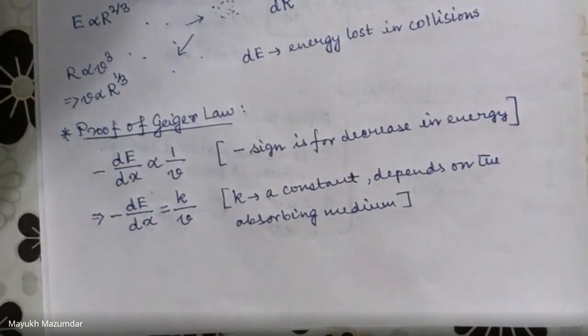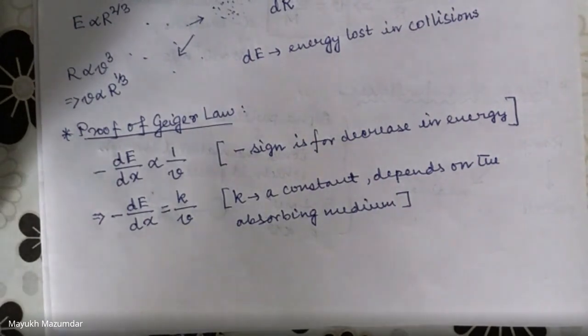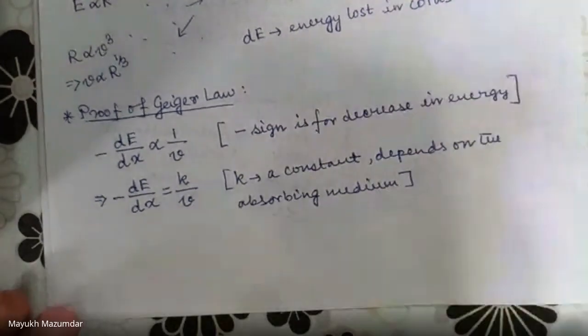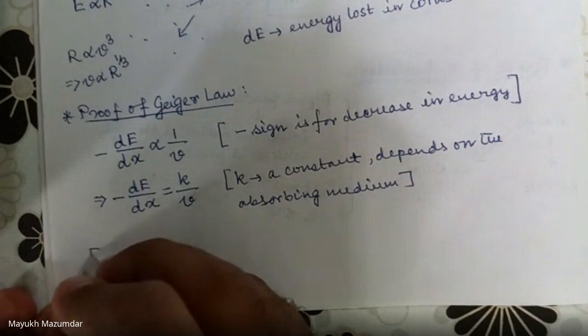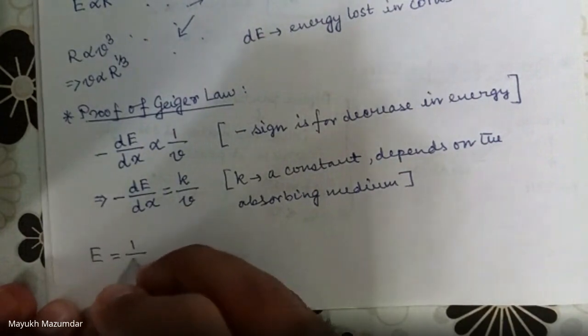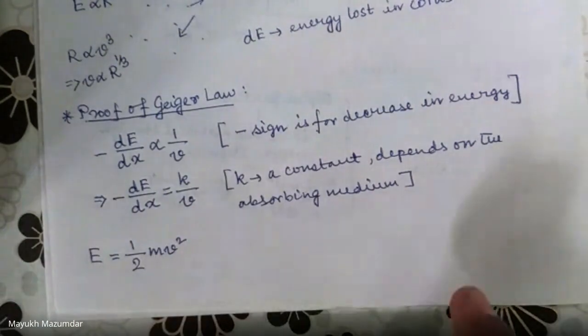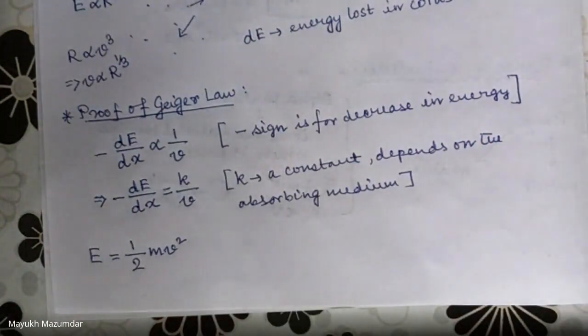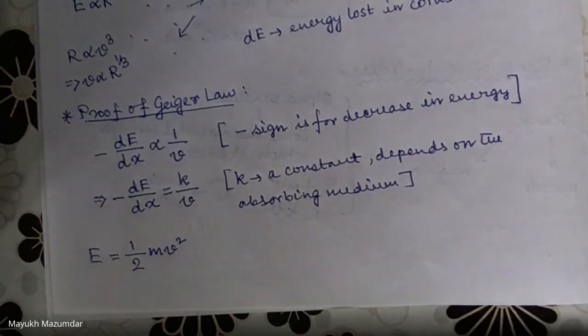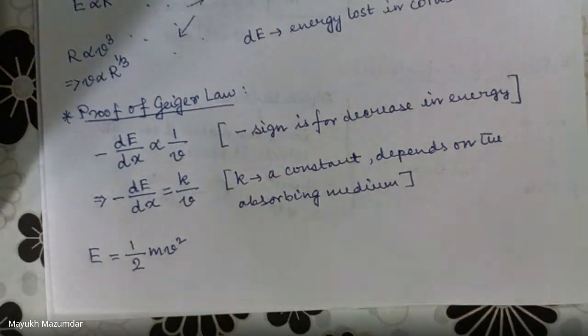Now, if we take the non-relativistic case of alpha particles, that is simply, we can write that E equals half mv square, because you have studied in relativity that this is a special case. Actually, if we take the relativistic case, then there would be many terms occurring here, and the first term is half mv square.